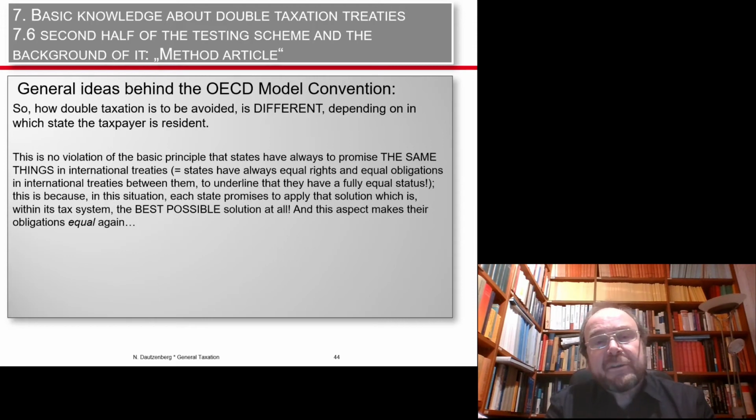And that is then plain and simple the explanation why Article 23 can contain two parts. In the really existing treaties, the solution would be Article 23, first paragraph: if the taxpayer lives in Germany, then the following is promised by Germany if Germany is the resident state, and then Germany copies the text of A.